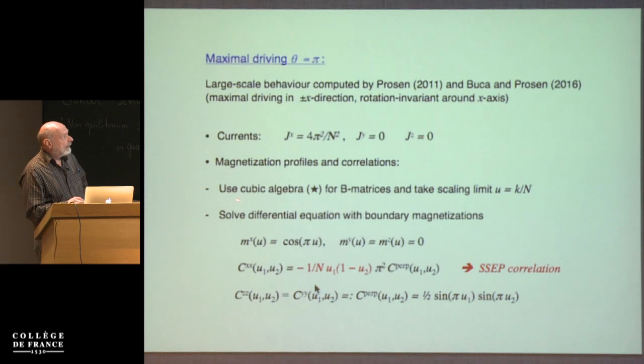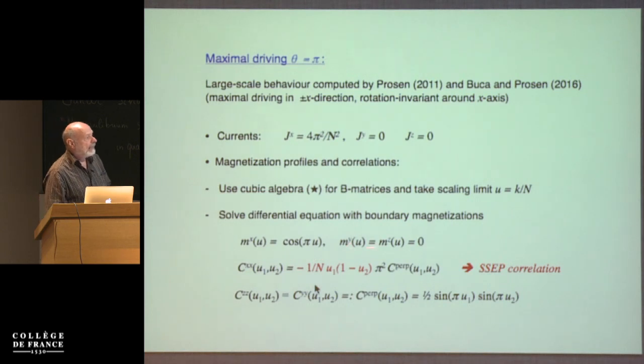Now you can use again the cubic algebra for the B matrix and take the scaling limit, and then you will get expressions for the profiles and also for the correlation functions. And it turns out that in this case the y and z magnetization are 0, like the currents, but the x magnetization will be a cosine pi times u.